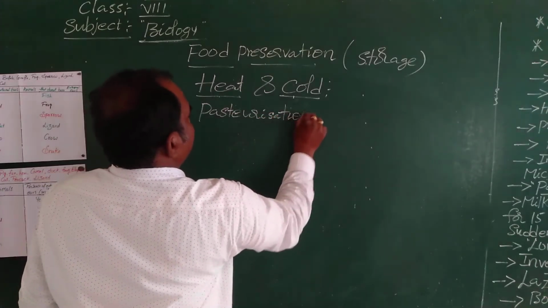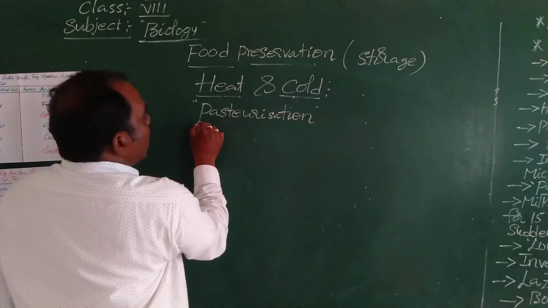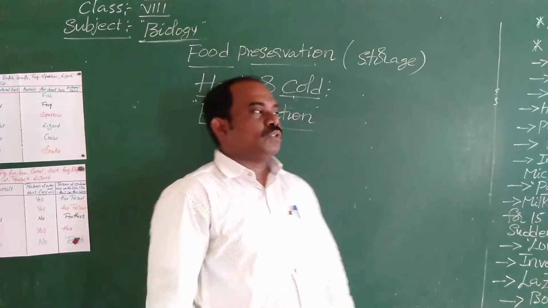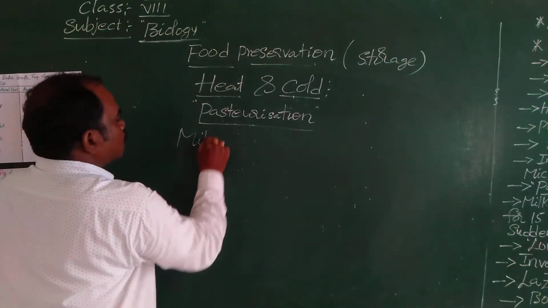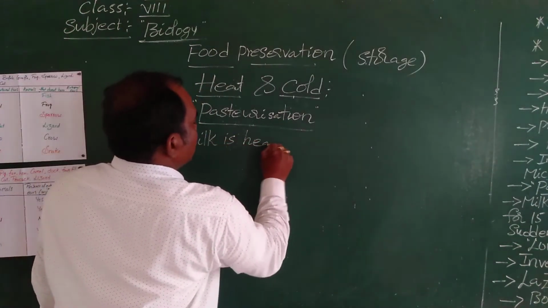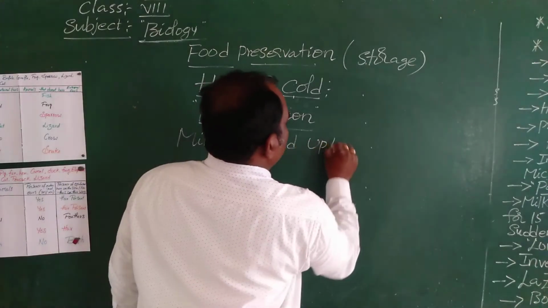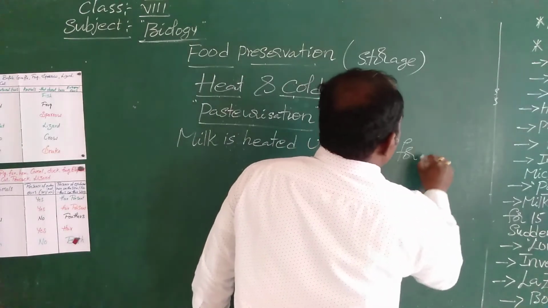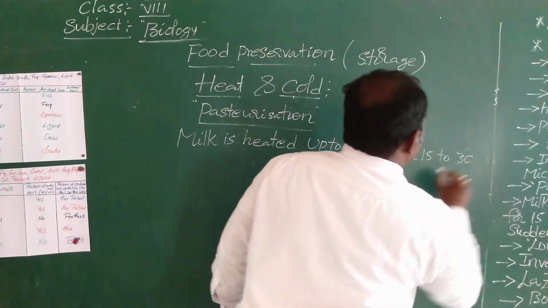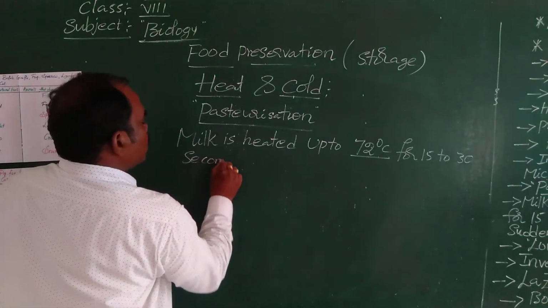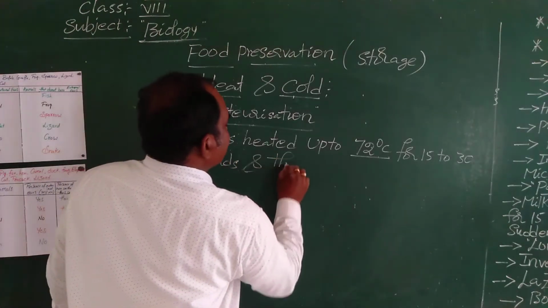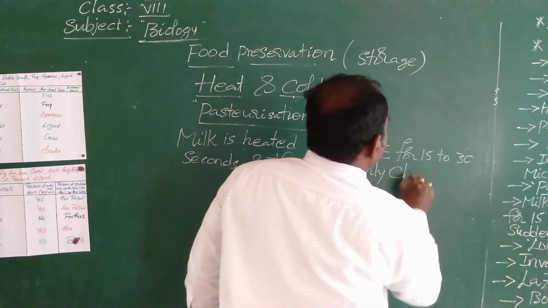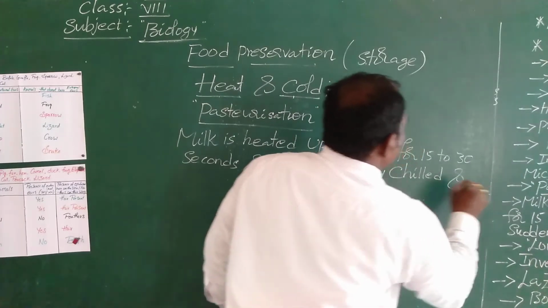Pasteurization method. What is pasteurization? Milk is heated up to 72 degrees centigrade for 15 to 30 seconds, and then suddenly chilled and stored.